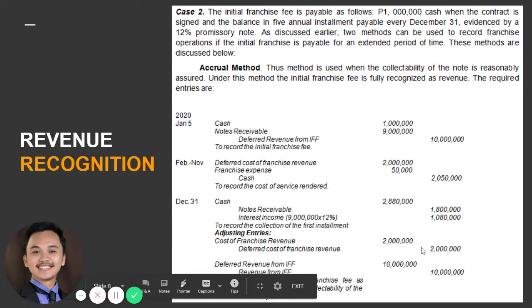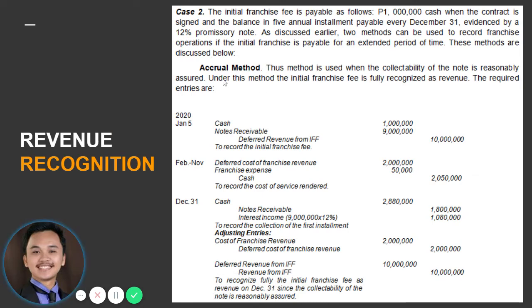So, i-recognize na nato in full ang atong total cost. That is why gi-close nato siya kay deferred cost of franchise revenue. And also guys, since accrual method ang atong gamit, according to accrual method concept, we will recognize revenue the moment we have earned it. Since there is already substantial performance nga na-provide si franchisor, that means we have already earned this income. Okay? Regardless of the actual collection.